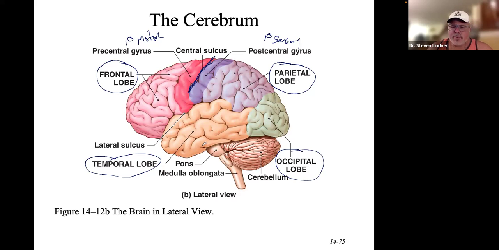Your temporal lobe is going to deal with hearing and taste, and the occipital lobe primarily vision. We did the cerebellum already. We know that that deals with balance and equilibrium, and deals with blood pressure to the extremities by balancing out the parasympathetics, by inhibiting the sympathetics.